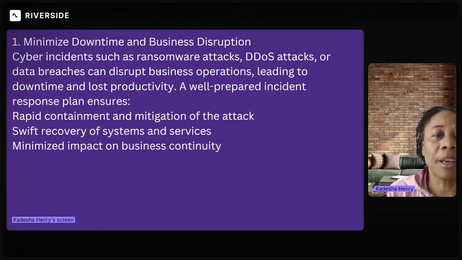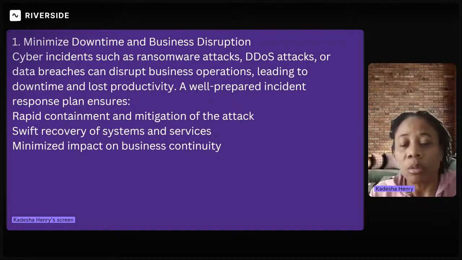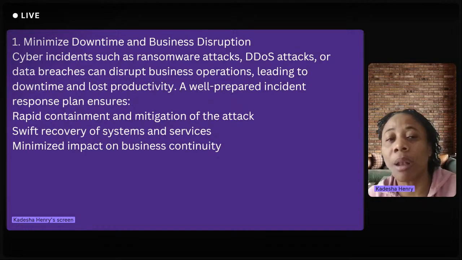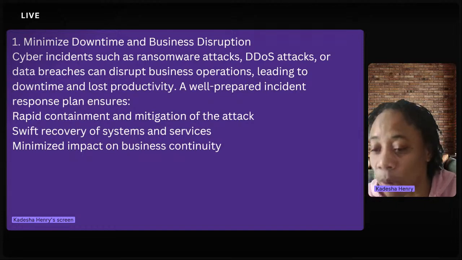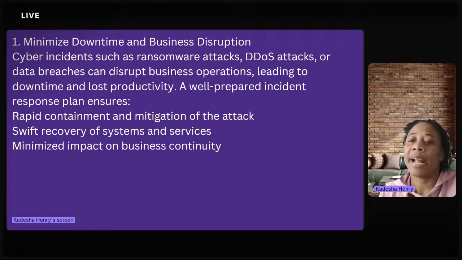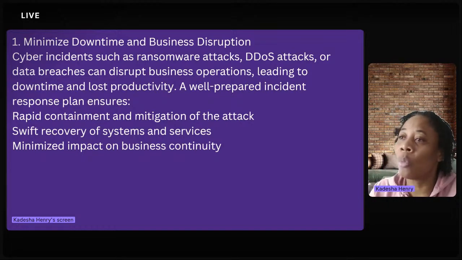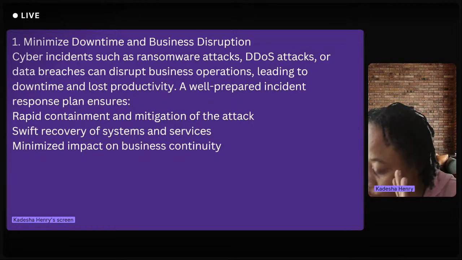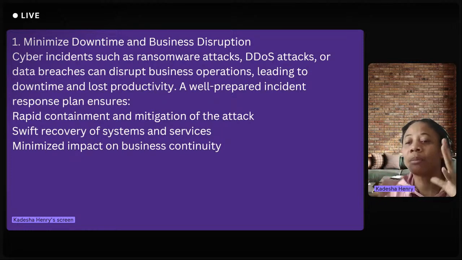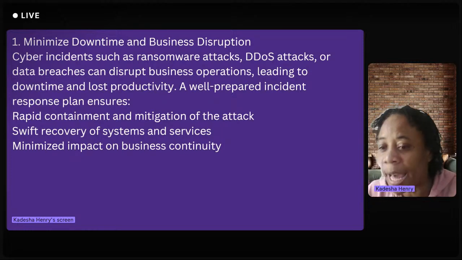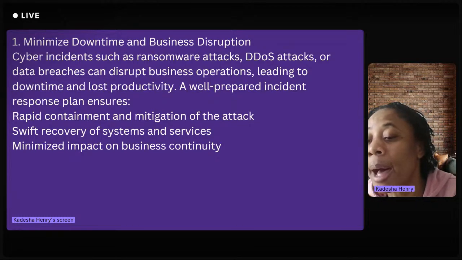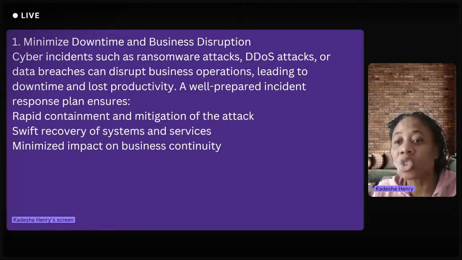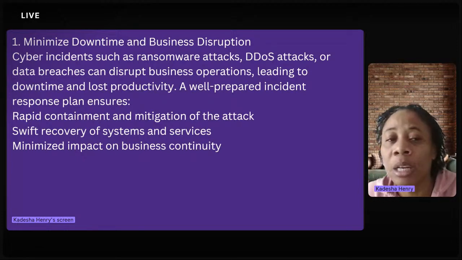So some of the essential reasons we need the incident response plan: it minimizes downtime and business disruption. Let's take, for example, you are working at Facebook or Twitter or TikTok in one of these big tech places, and there is a breach in the system, there is an infection, there is some ransomware, something happens, right?